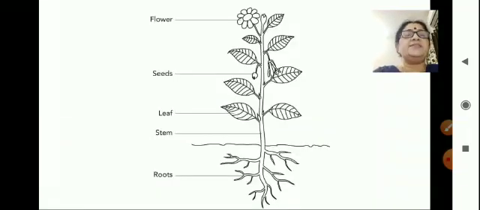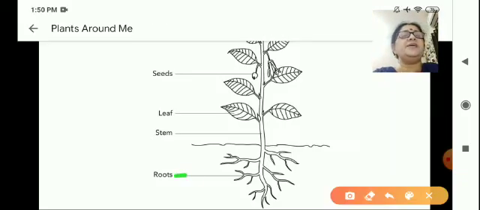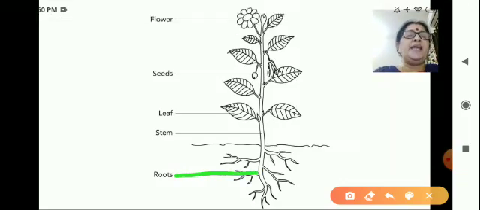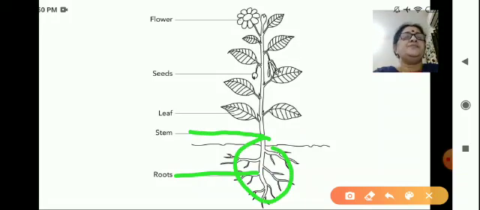Let us revise the parts of the plant once again. This is a plant. We can see the root. This is the root of a plant. And the second part is stem. This is the stem. The roots grow under the ground and the stem grows above the ground.